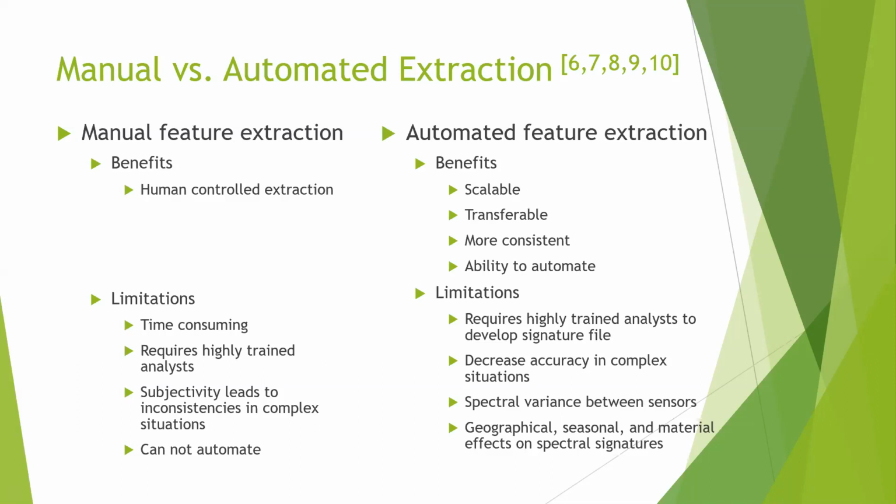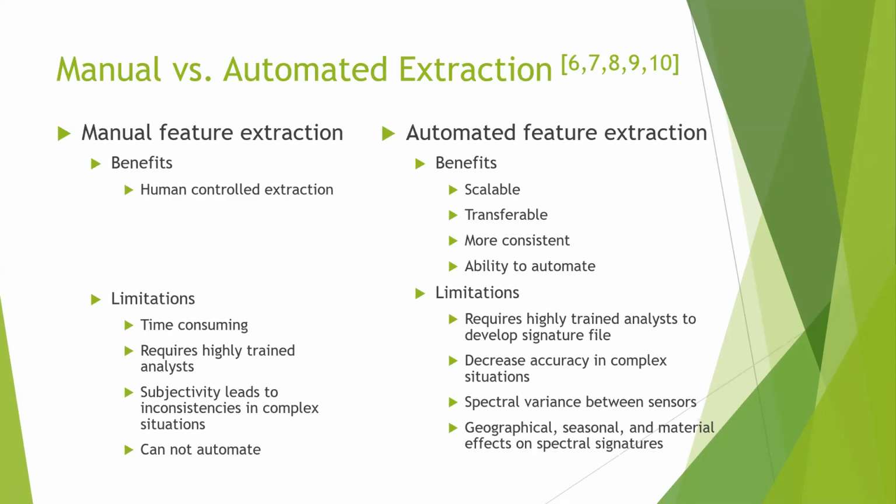Automated feature extraction methods are transferable. This can lead them to be more consistent compared to manual, so you don't have that subjectivity as much, as well as it enables them to be automated within tools, which is, as I said, the basis for my project, to automate these automated feature extraction methods.